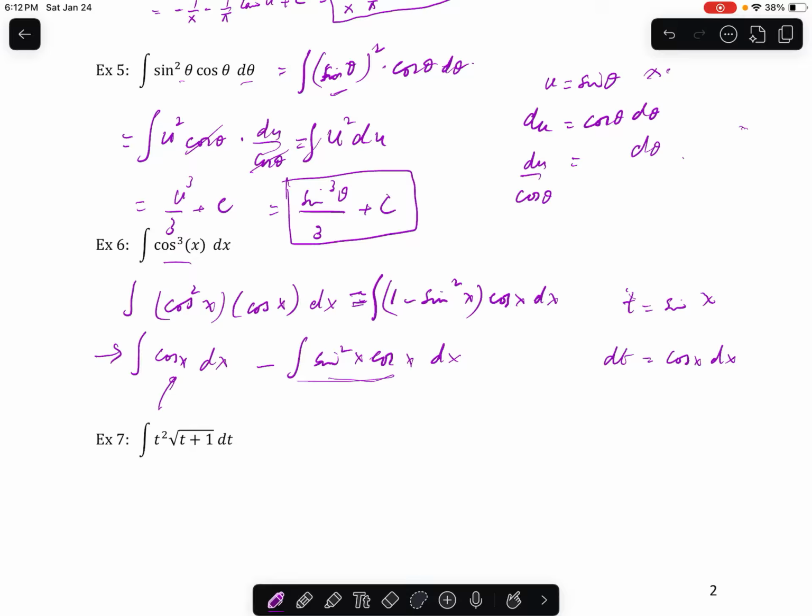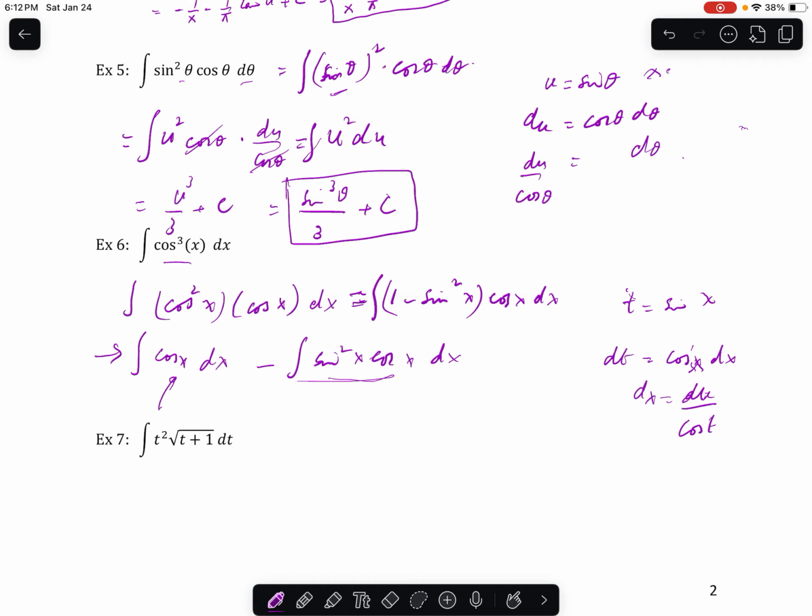So dx will be equal to dt over cosine of x. Sorry, or is it x?